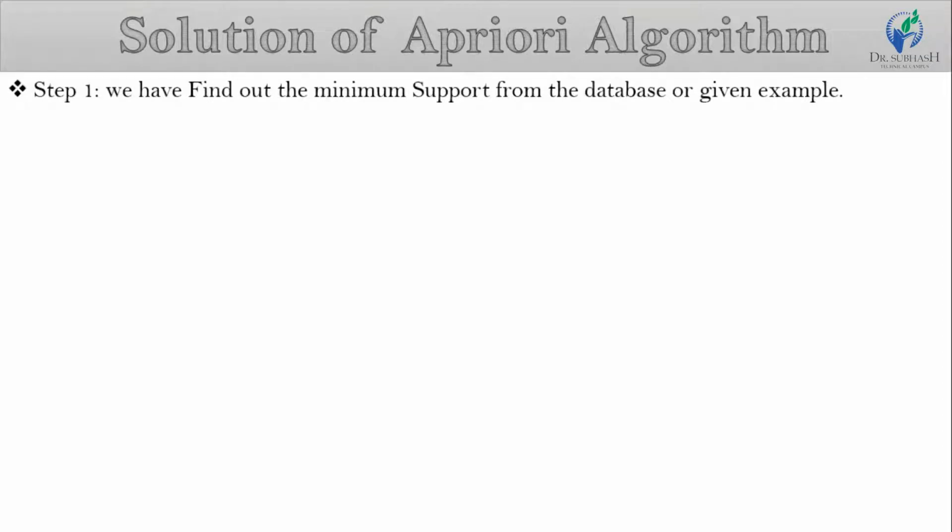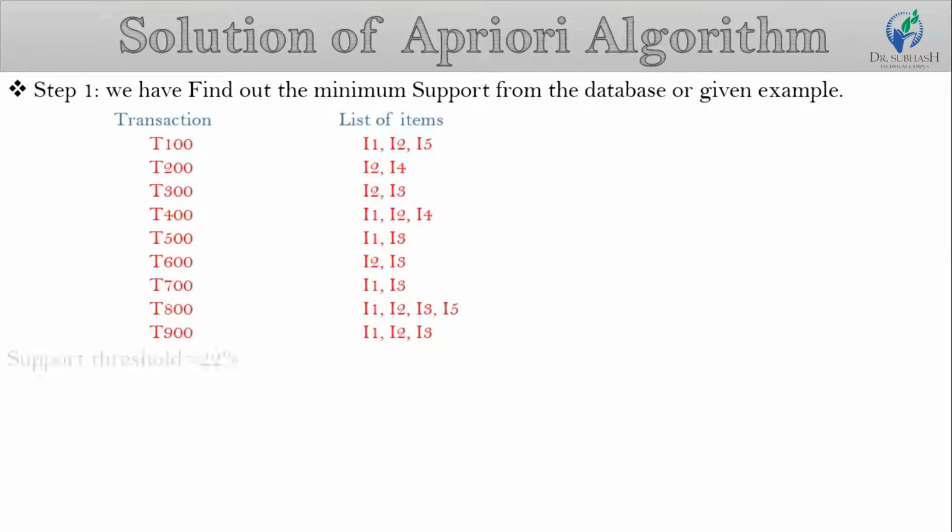First we apply step number 1. In step 1, we find out the minimum support for the database or given example. In this example, the support threshold is given as 22% and total transactions is 9.